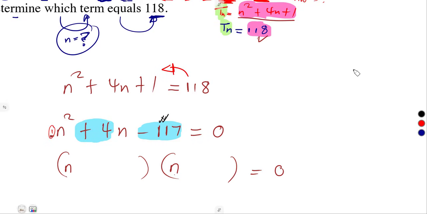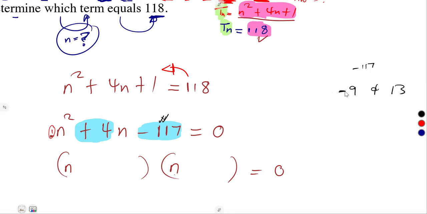So which numbers are we talking about? When you multiply them, there is 9 and 13. It gives us 117. But if we multiply 9 times 13, we've got 117, a positive, and the case is supposed to be negative.